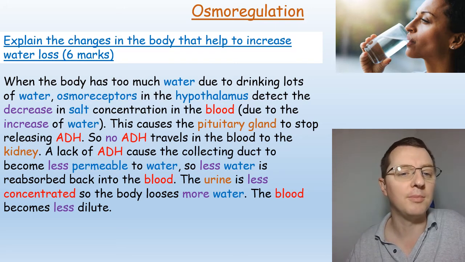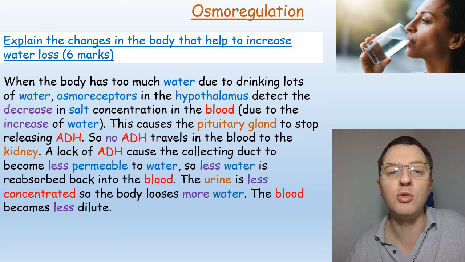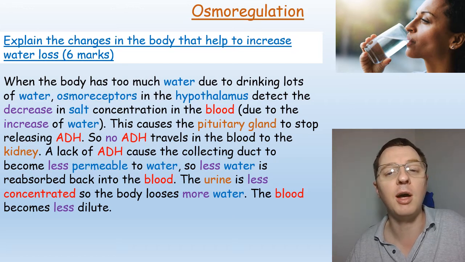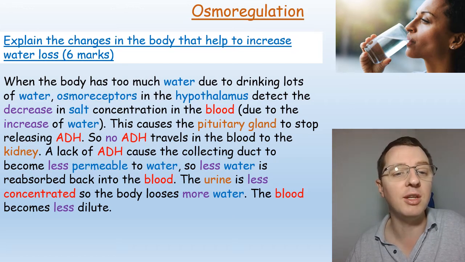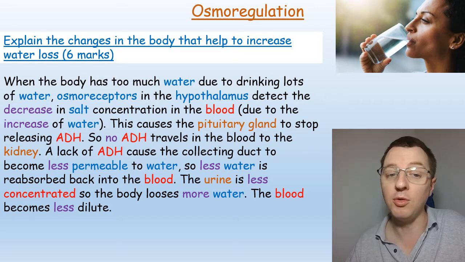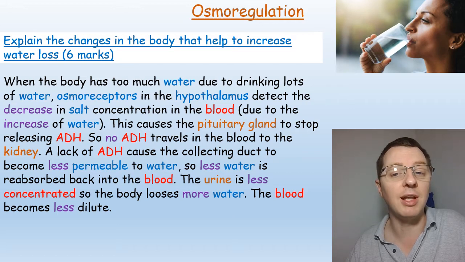And here's the answers. When the body has too much water due to drinking lots of water, osmoreceptors in the hypothalamus detect the decrease in salt concentrations in the blood due to the increase of water in the blood. And this causes the pituitary gland to stop releasing ADH.